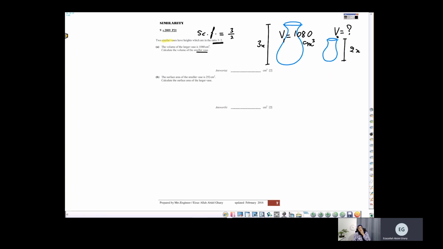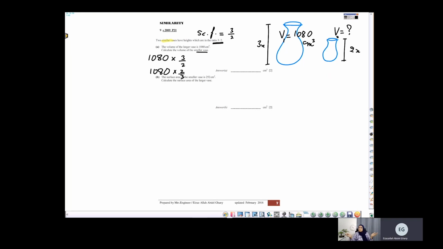We now need to find the volume, so it's volume factor, scale factor. The number which is 1080, if you need to make it bigger, multiply it by 3/2. If you need to make it smaller, you multiply it by 2/3.